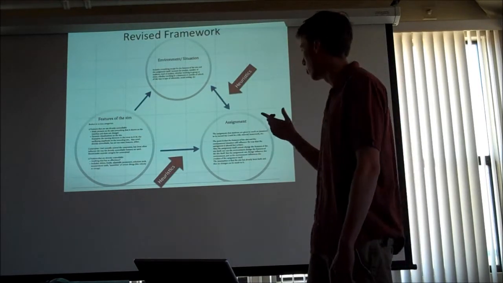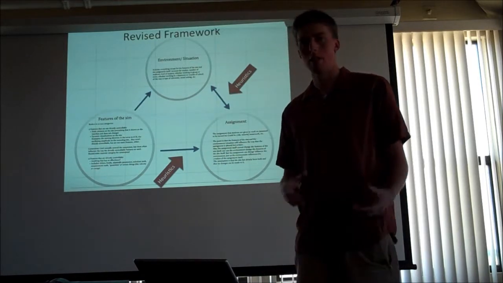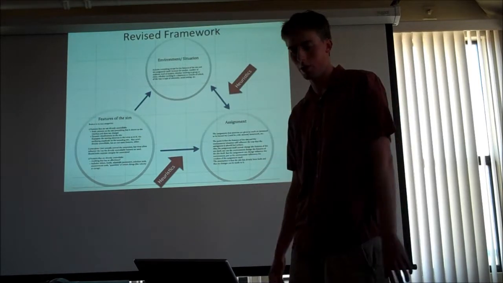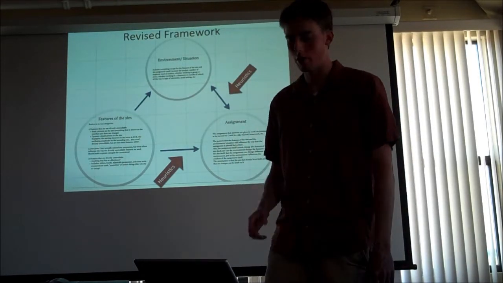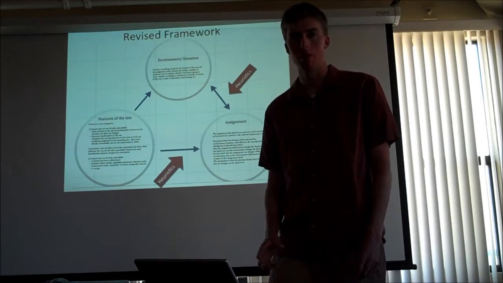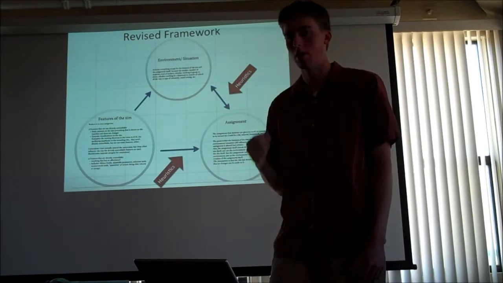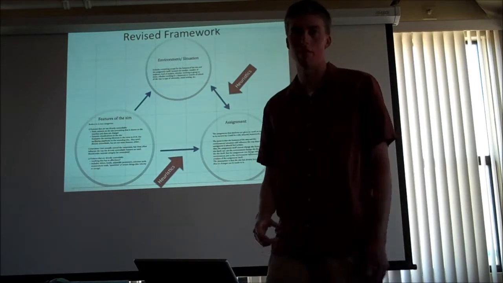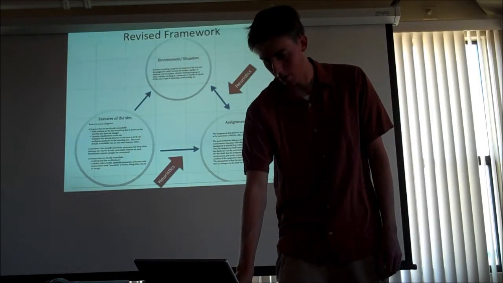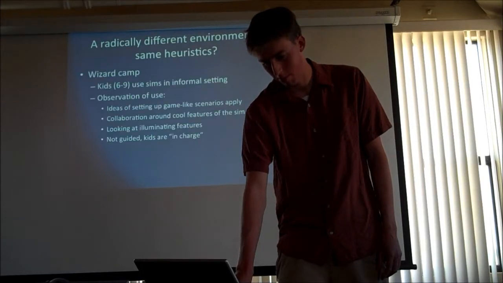So you want to employ these heuristics by taking particular features of the sim and then seeing which heuristics apply to those features, and also seeing which heuristics are most important for different environments. So that's kind of the general idea. And then actually I'm going to skip this.